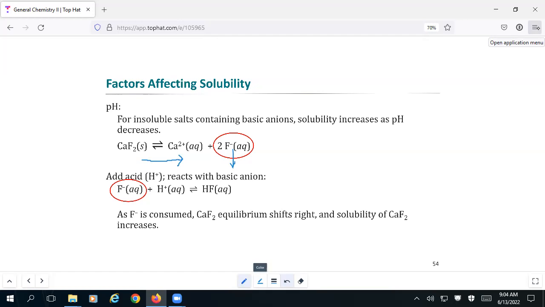But we do have another equilibrium at play here, so there is a limitation to it. But what we will see is that calcium fluoride, because it is basic, just in general, is going to be more soluble at lower pHs than at higher pHs.